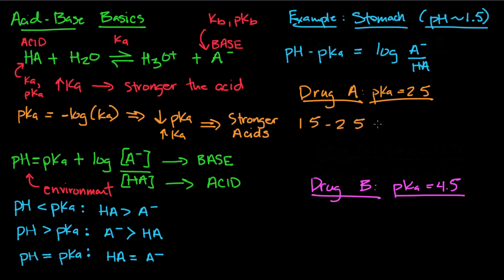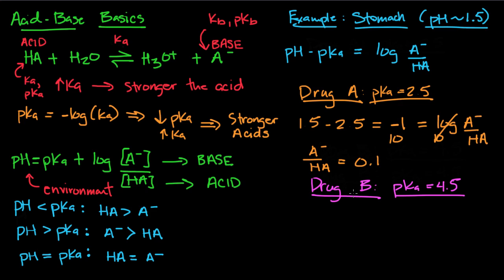This is equal to the log of A minus over HA. Raise each side to the 10 power, so 10 to the log cancels out. And what this tells you is the ratio of A minus to HA is going to be 0.1.